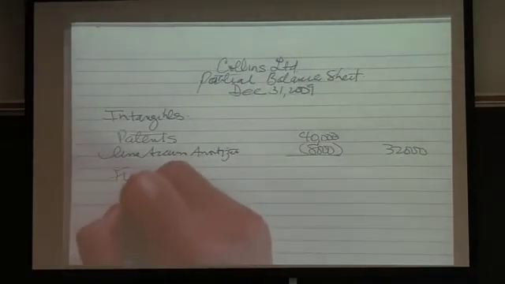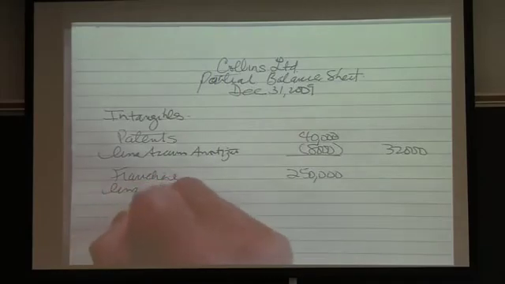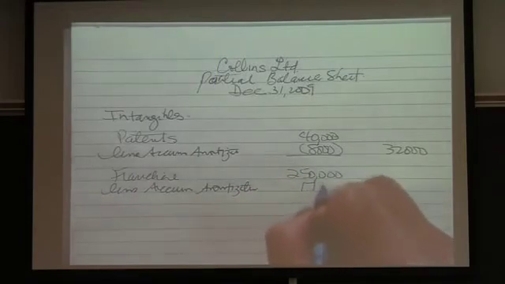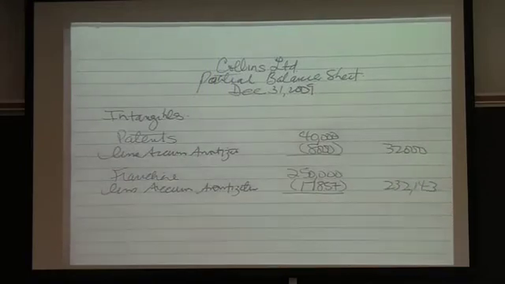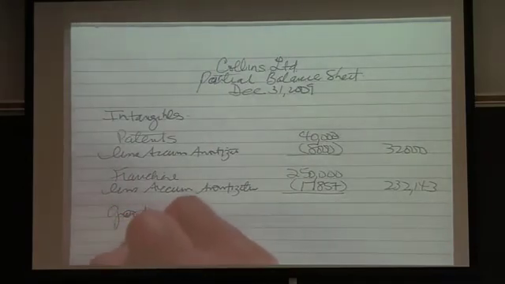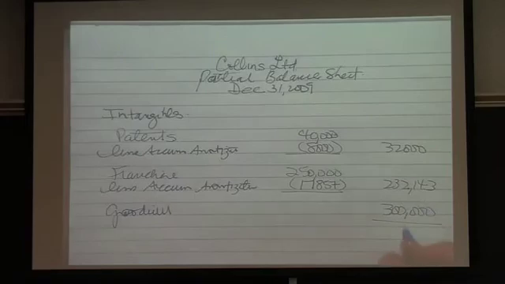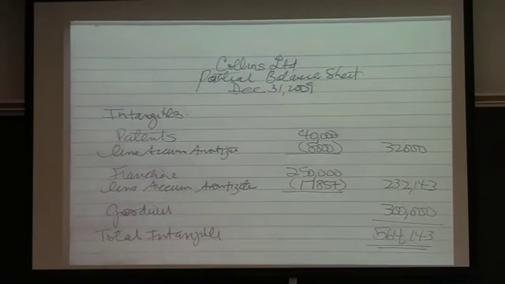Then we have franchise, less accumulated amortization. Then we have goodwill. And that gives us a total of $564,143 total intangible. And of course, before this section, you would have your tangible assets listed first. Okay? Thank you.